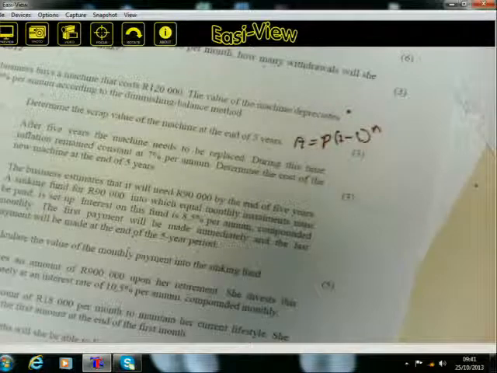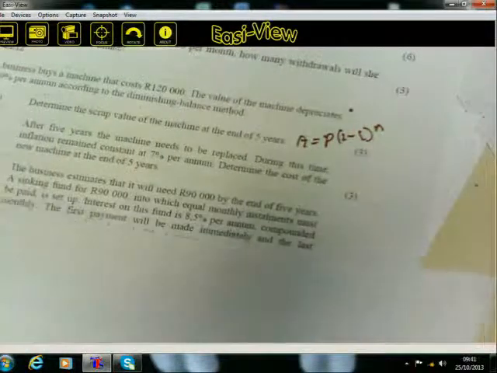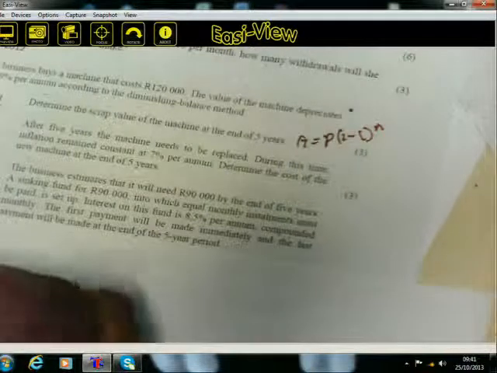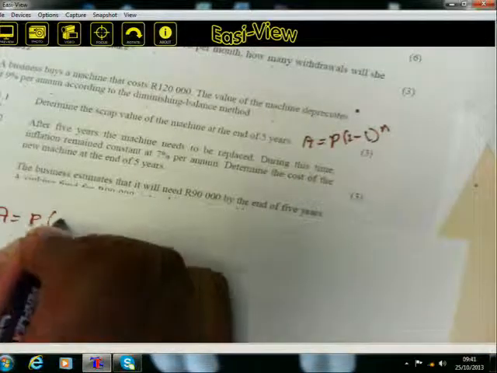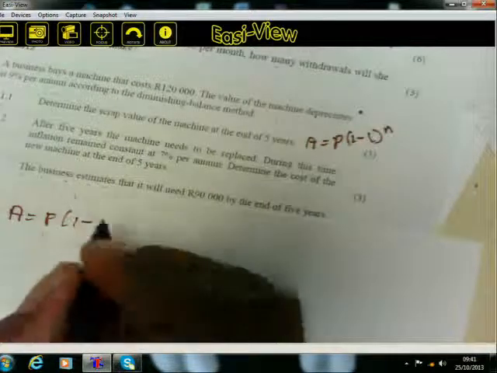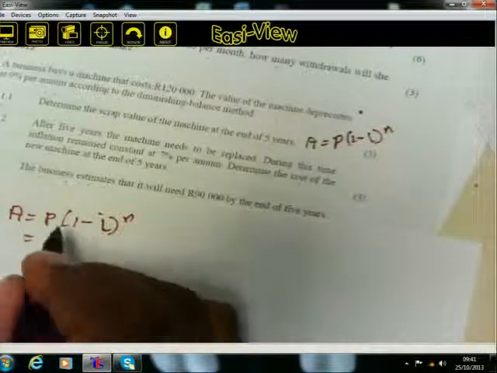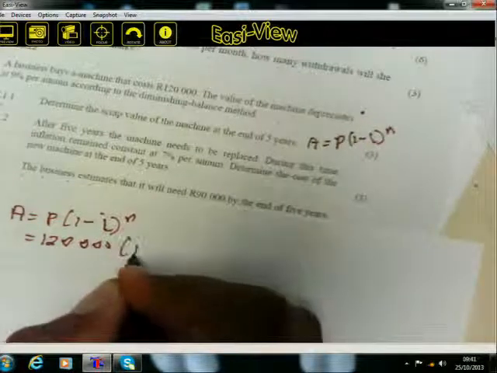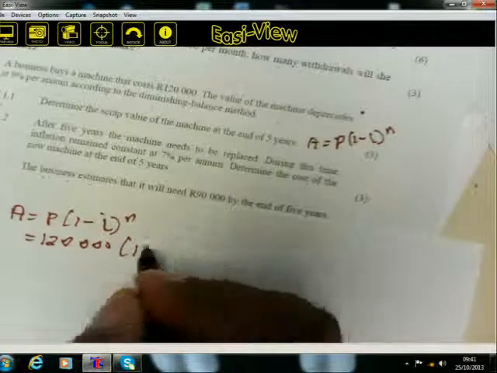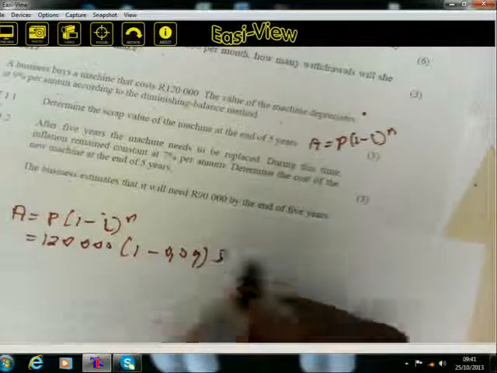Okay, right. Let me show you what was the answer there. The scrap value here is equals to P into 1 minus I to the power of N, right? And then you said what is P? It's 120,000. Okay, 1 minus, what is your I? 0.09 to the exponent of what? The exponent of 5.